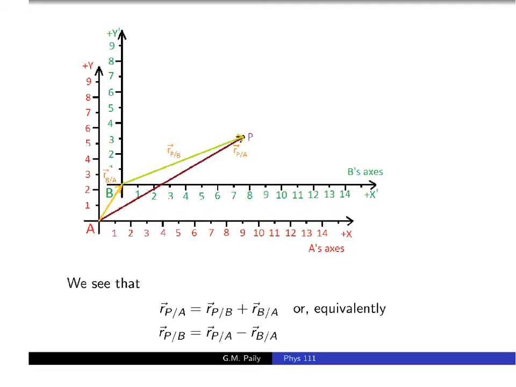Or, equivalently, we could rearrange this to say r of P with respect to B is the same as r of P with respect to A minus r of B with respect to A. Remember that the minus sign simply reverses the direction.